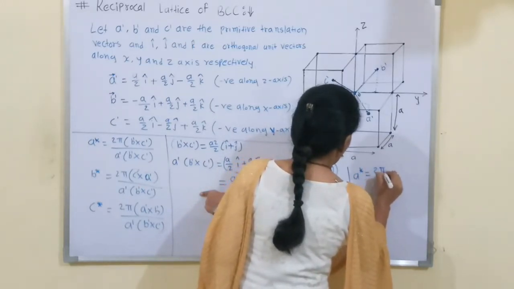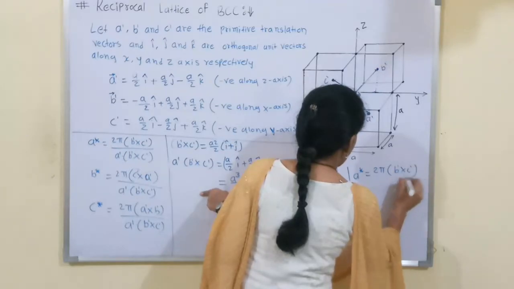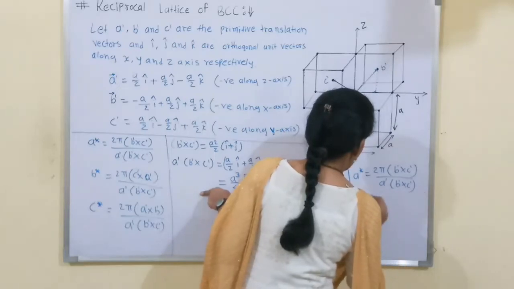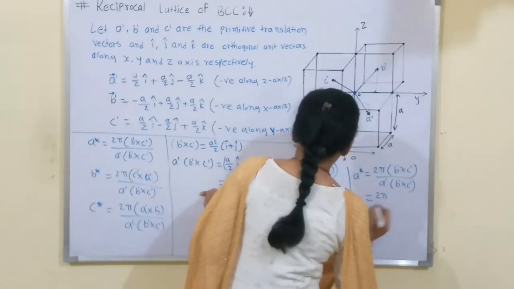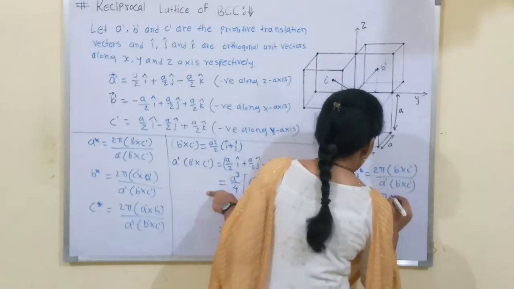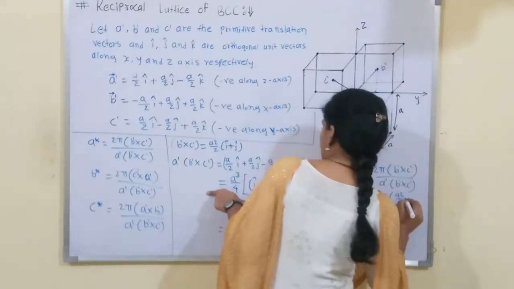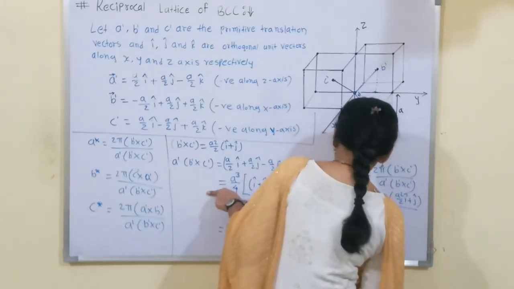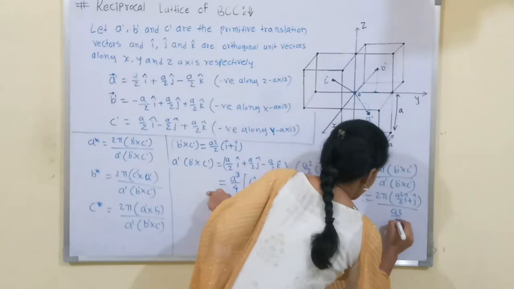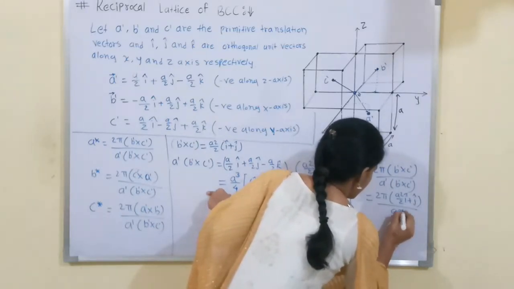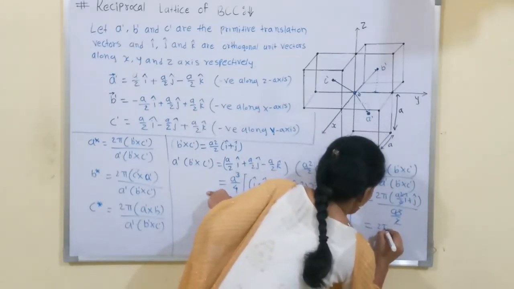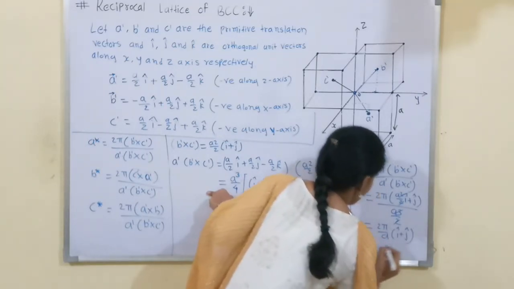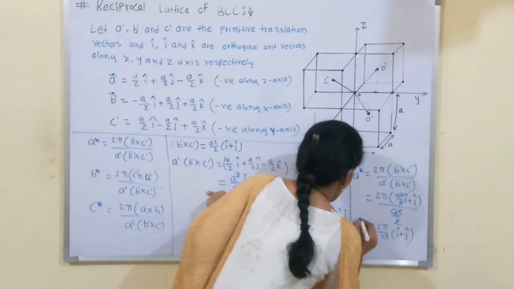A star is equal to 2 pi B dash cross C dash divided by A dot into B dash cross C dash. 2 pi and B cross C is A square by 2 into I plus J, and divided by what is the volume? Volume is A cube by 2. If we calculate this, we will get 2 pi by A into I cap plus J cap. Simply this is the value of A star.